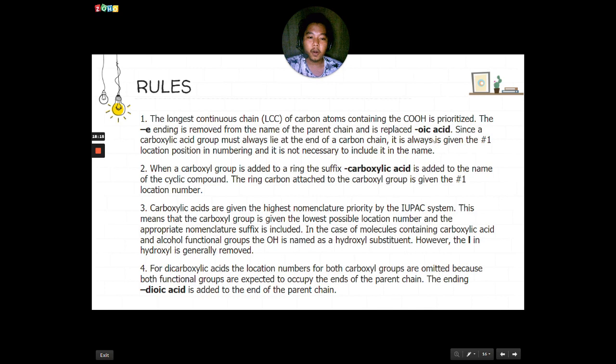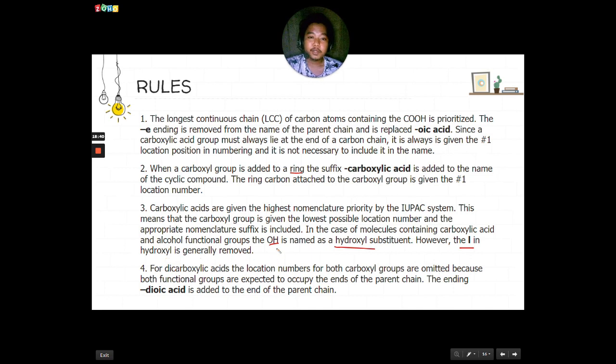We replace E by oic acid. Kapag added siya sa ring or a cyclic structure, we just add carboxylic acid, like cyclohexane carboxylic acid, cyclopentane carboxylic acid. And then kapag may OH, we use it as a hydroxyl substituent, but again we drop the L. So we just call them hydroxy.